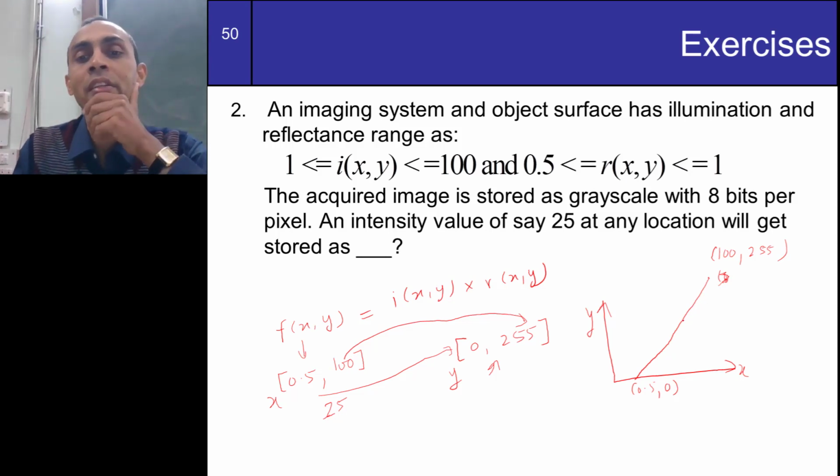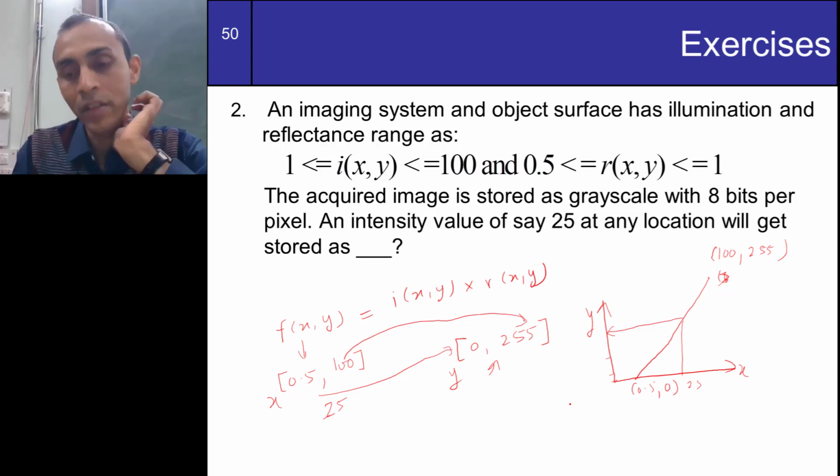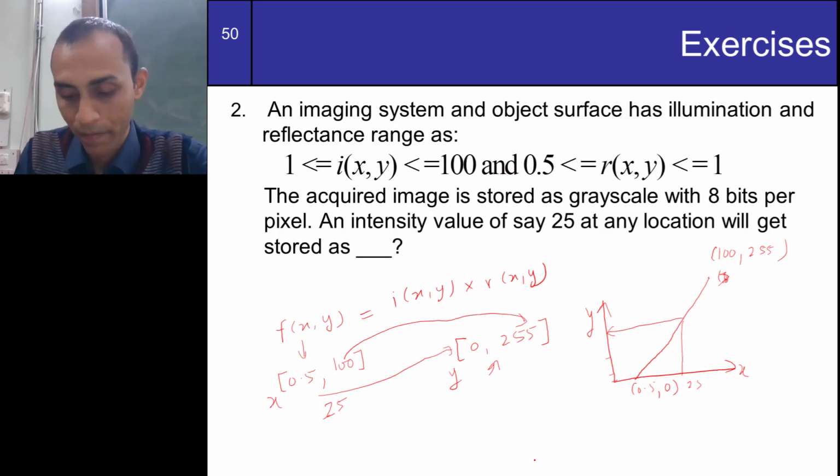So what is the straight line equation? Any value here, such as 25, will get mapped to a particular value here, and then we have to quantize it to the different levels 0, 1, 2, 3, 4, 5, 6 up to 255.